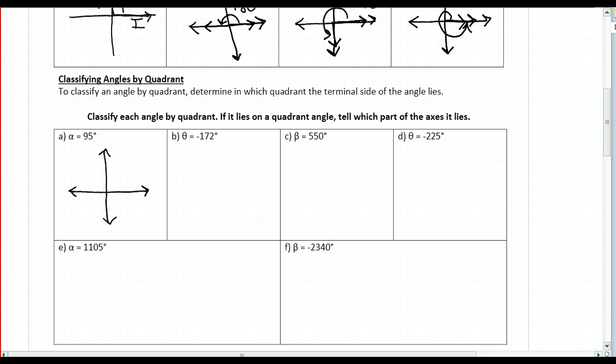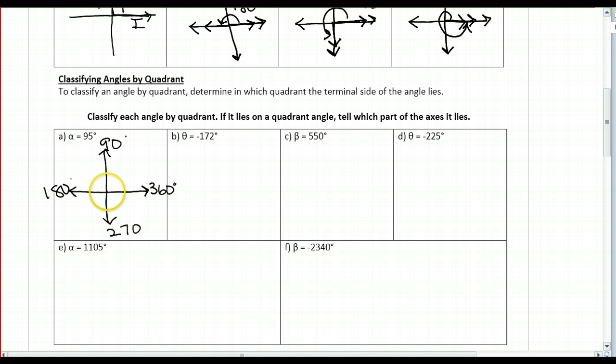The first thing I like to do is obviously draw my coordinate axes and label the quadrant angles. 90 degrees, 180, 270, and 360. 95 degrees is greater than 90, but less than 180.